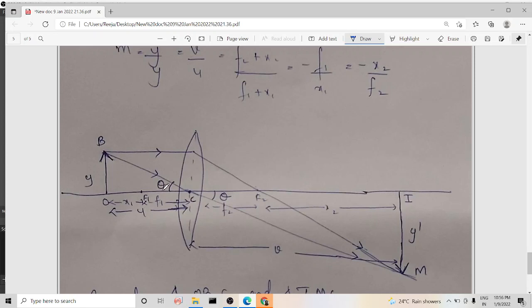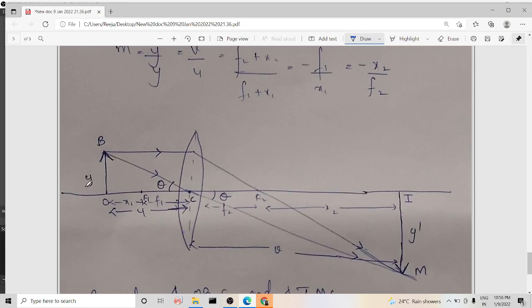These two angles theta here are equal because they are vertically opposite angles. If two angles are equal, naturally the third angle will be equal. So by AAA similarity, these two triangles, that is BOC and MIC, are similar. So we can write down OB by OC is equal to MI by IC.